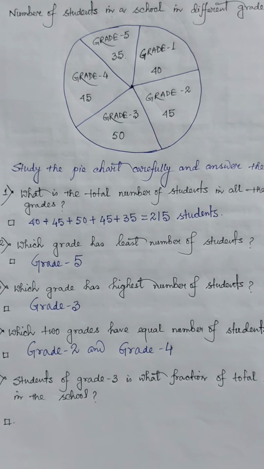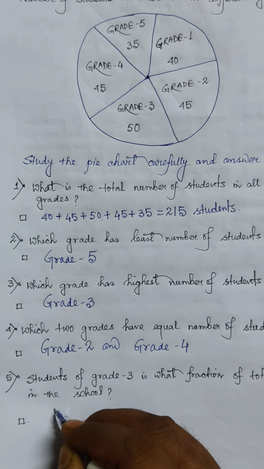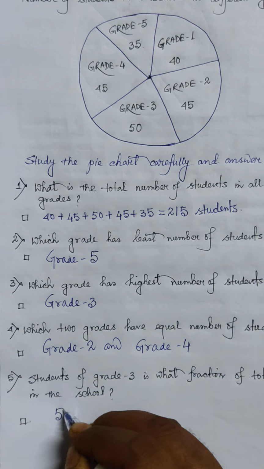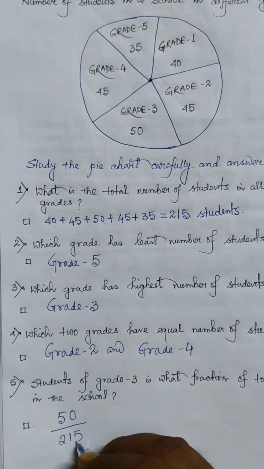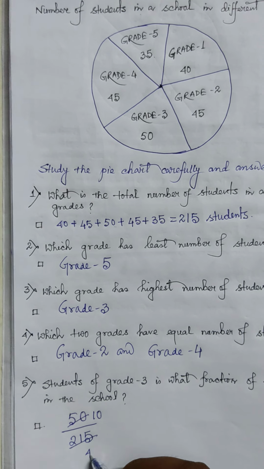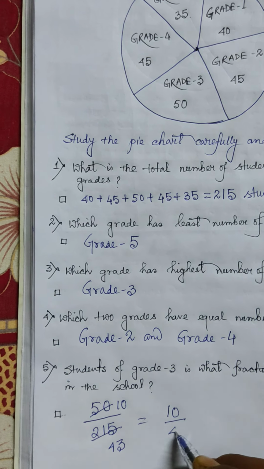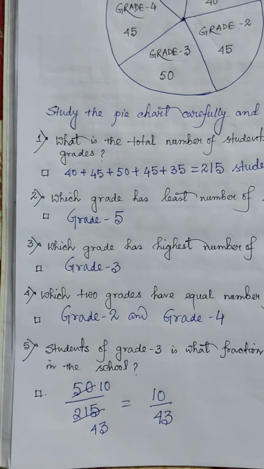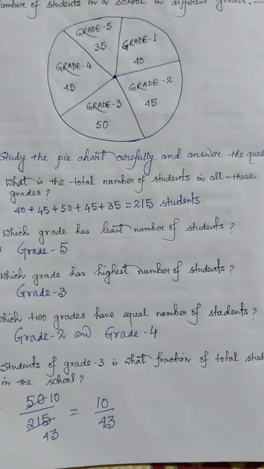So grade 3 students 50 by 215. If you simplify, you will get 5 tens of 50 and 5 43s are 215. So your answer is 10 by 43.